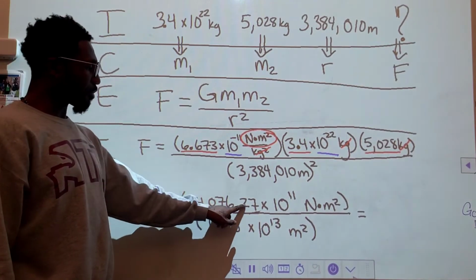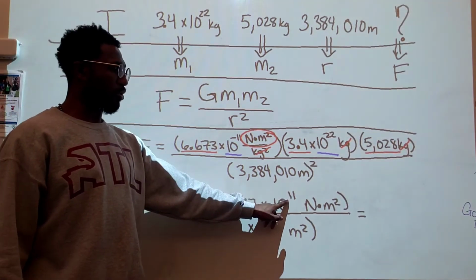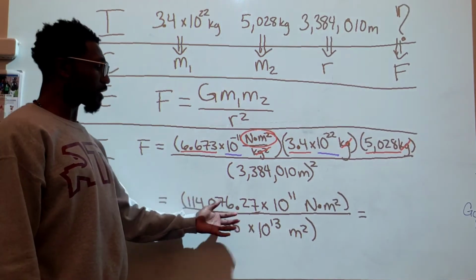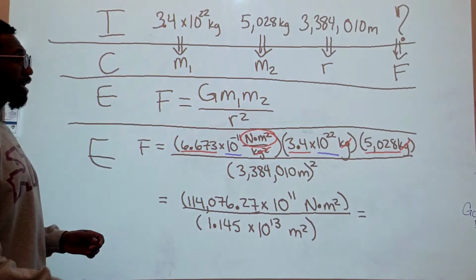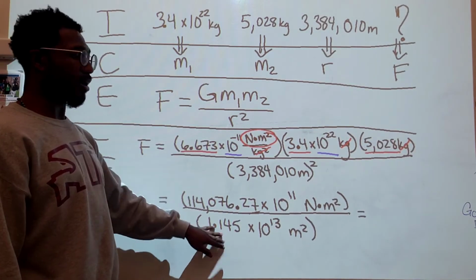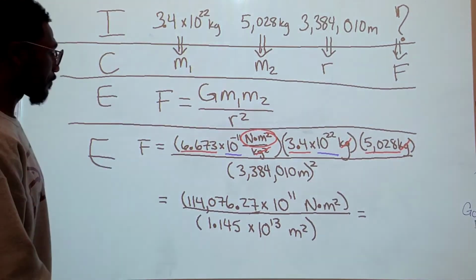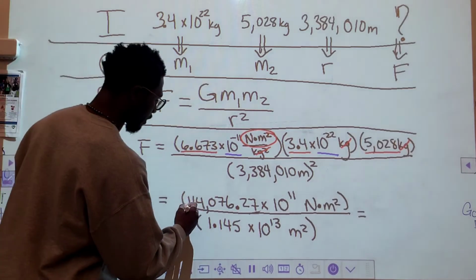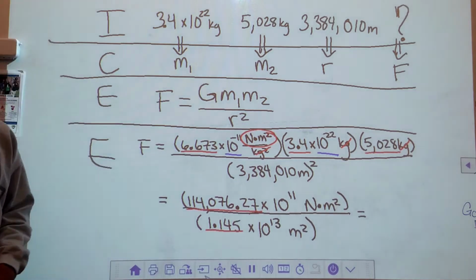So we've got a number in our numerator, a number in our denominator, an exponent in our numerator, exponent in our denominator. So these measurements are still written in exponential notation. So we're going to handle it just like we handled our numerator. We're going to deal with the numbers first, and then we're going to deal with our exponents separately. So let's go ahead and divide our numbers, right? So that's going to be this number here divided by the 1.145.